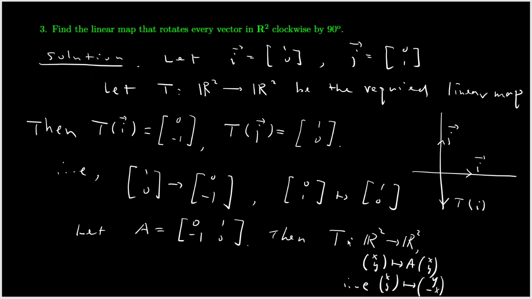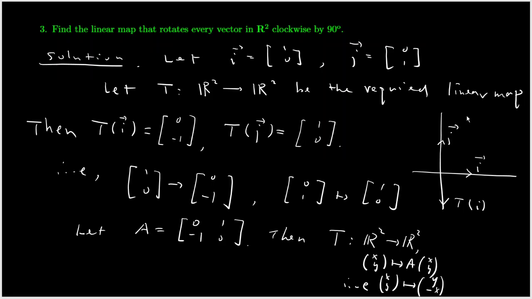Okay, I'm going to repeat my point. Now let me try again. If a linear map rotates i and j clockwise by 90 degrees, then T will rotate all the vectors clockwise by 90 degrees.